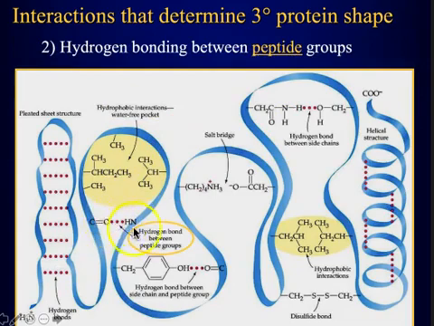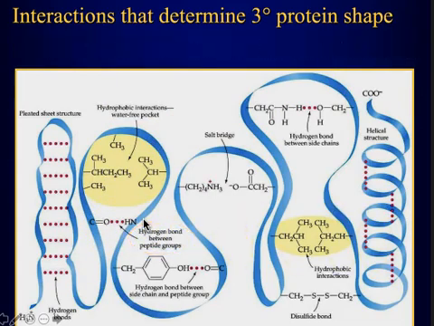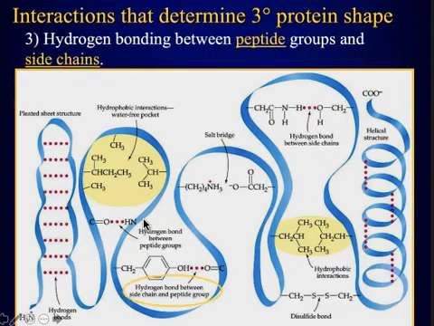We've looked at a lot of the hydrogen bonding. We can also look at the hydrogen bonding between peptide groups and side chains. This one is just between the carbonyl and the NH on any of our amino acids. And this is between a side chain and part of that carbonyl group on the amino acid. So a lot of different types of hydrogen bonds we can have on here.